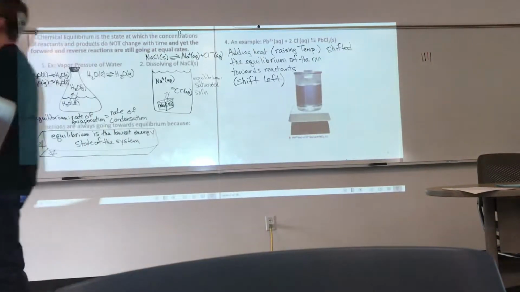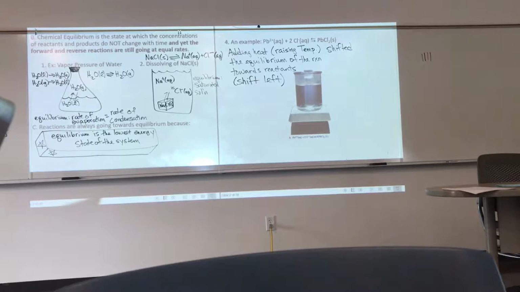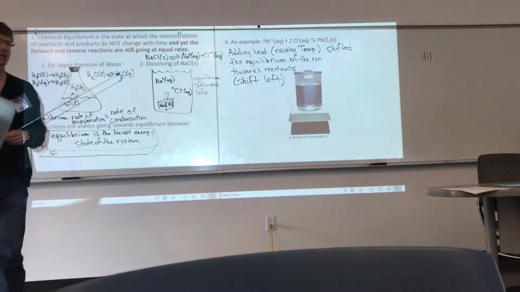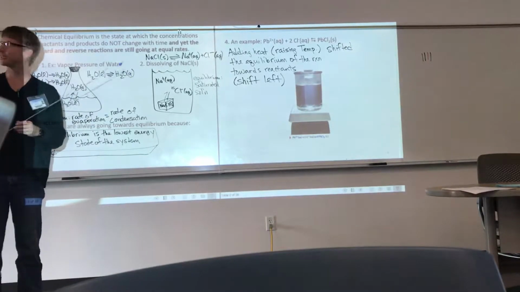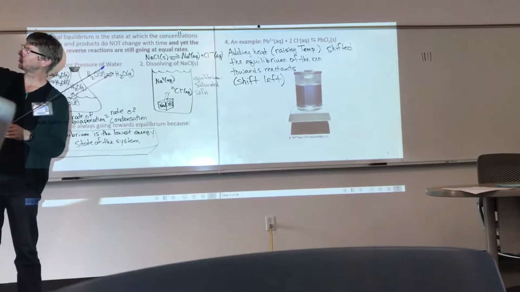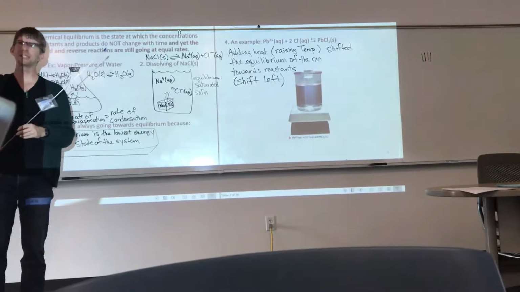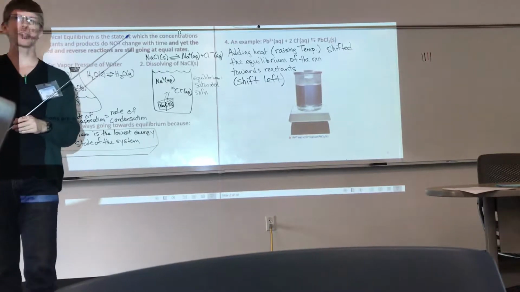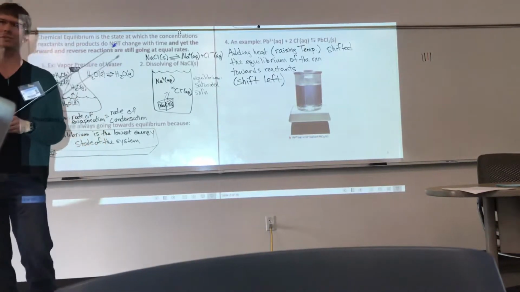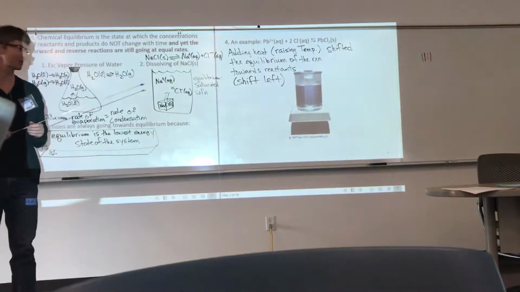It's 35.45, and that's because there are two relatively common stable isotopes of chlorine. Does anybody know what the other isotope is? It's chlorine 37. You don't have to know that at all, but that's what it is. It's about 75% chlorine 35, 25% chlorine 37.